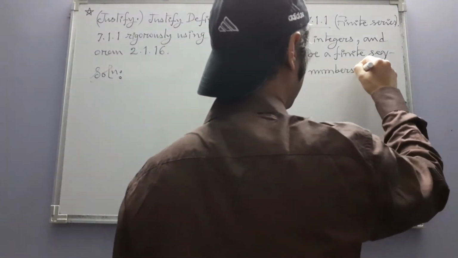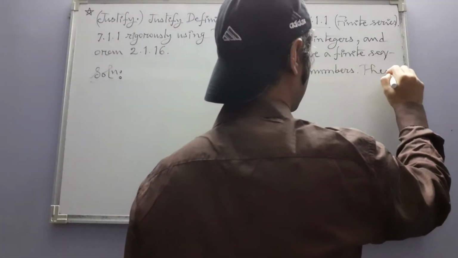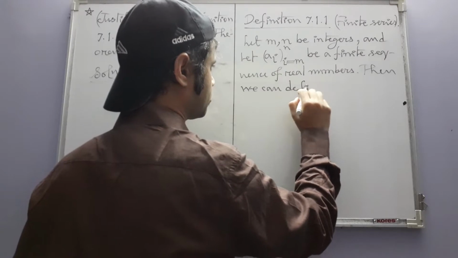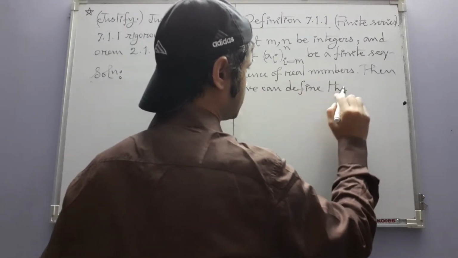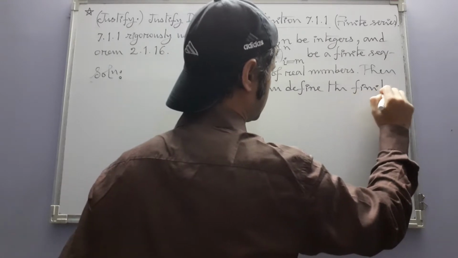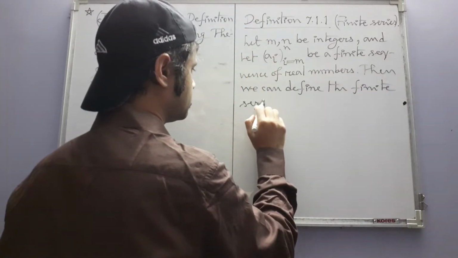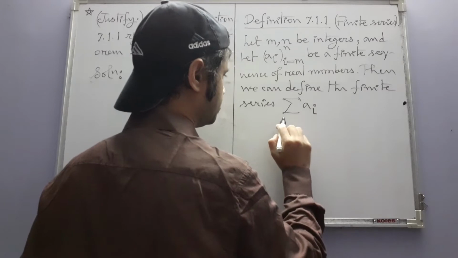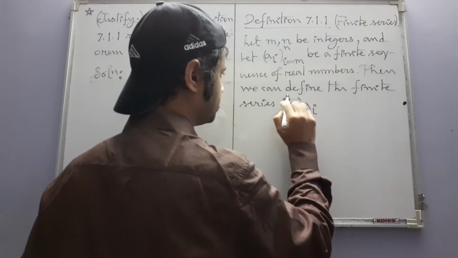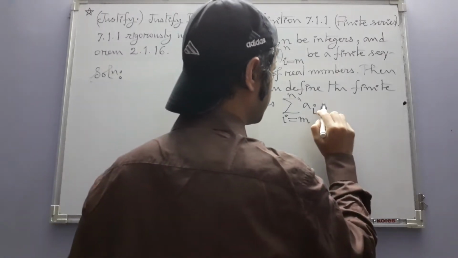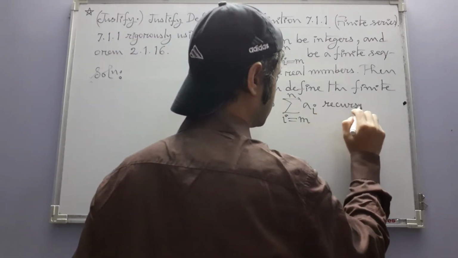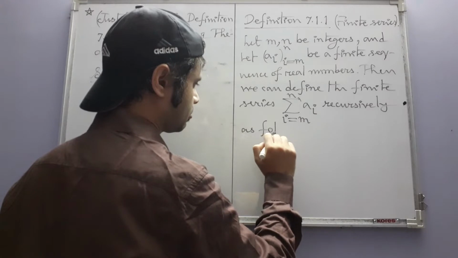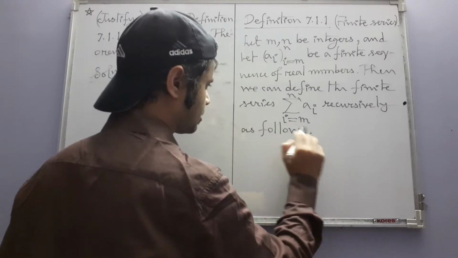Then we can define the finite series, summation a_i, where i varies from m through n, recursively as follows.